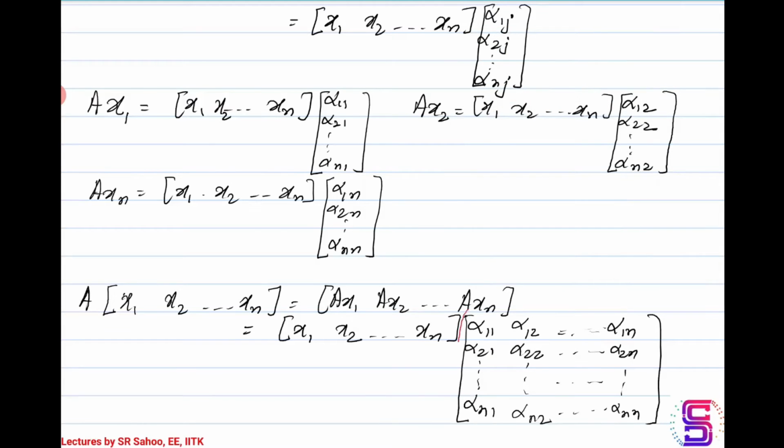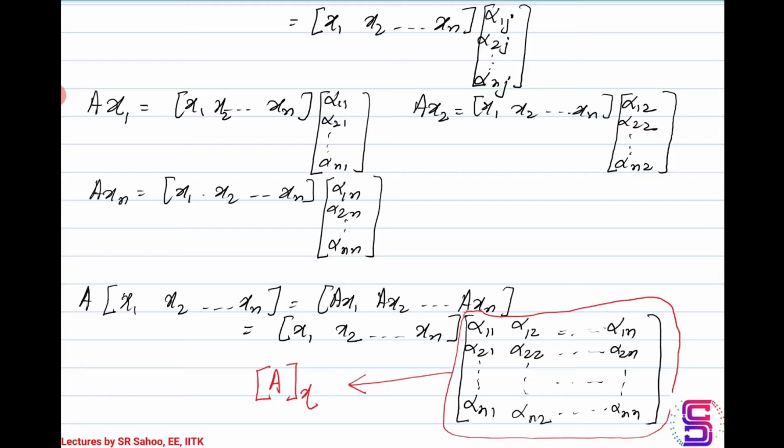Okay, so this matrix here that you see, which is circled in red color, is the matrix representation of A with respect to the basis X. Okay, so what you see here carefully is when A acts on x1 and gives you a vector, we represent that vector as a linear combination of the basis vectors.